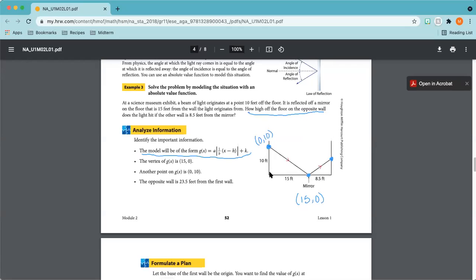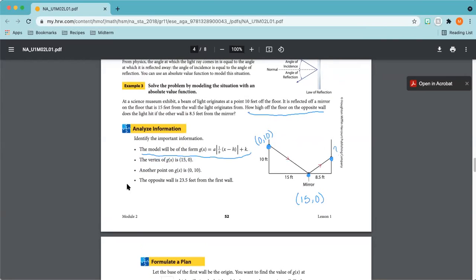This is where my 0 against the wall is, at 0, 10 feet up, and then 15 feet on the floor is the other one, so that's why it's (15, 0). And this is the one that I'm looking for. The opposite wall is 23.5 feet from the first wall. So the distance from this one to this one is 23.5.